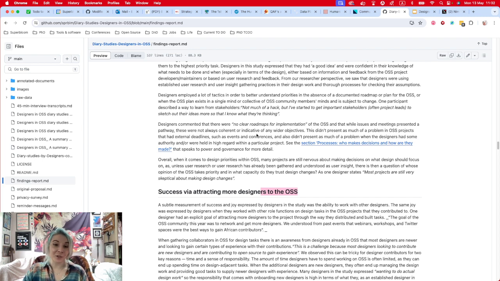there are often no clear roadmaps, or even what designers should be considering or working on, or could be working on, because I think this is maybe one of the things that doesn't get talked about as much around roadmaps and plans for implementation. Say you have an issue which is about improving one aspect of a UI part in an open source software.